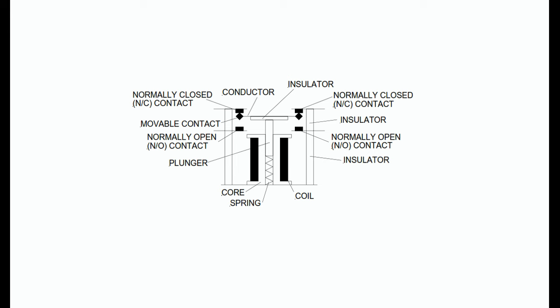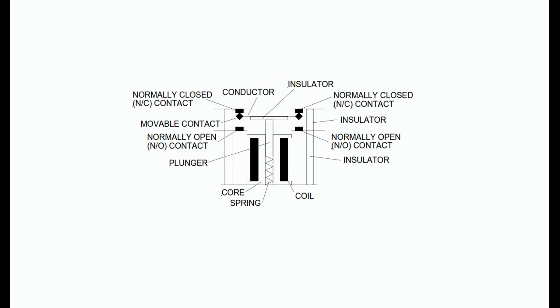These fixed contacts are referred to as the normally open contacts. Contacts are named with the relay in the de-energized state. Normally open contacts are said to be off when the coil is de-energized and on when the coil is energized. Normally closed contacts are on when the coil is de-energized and off when the coil is energized.